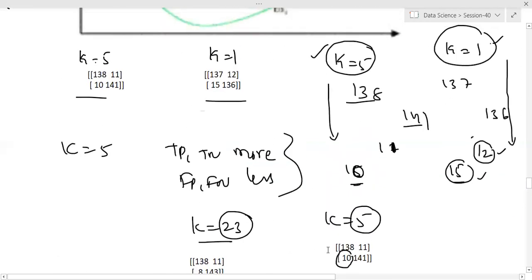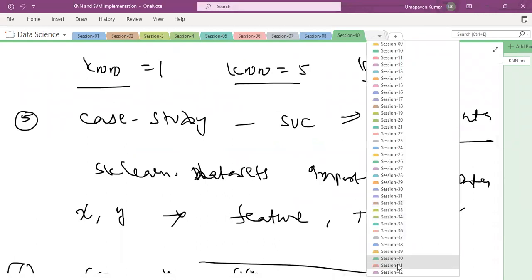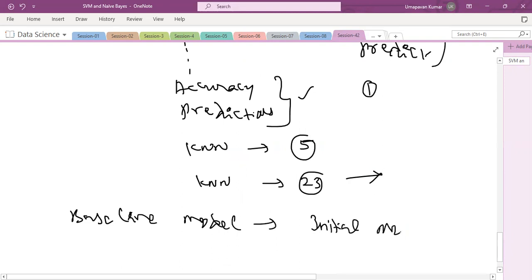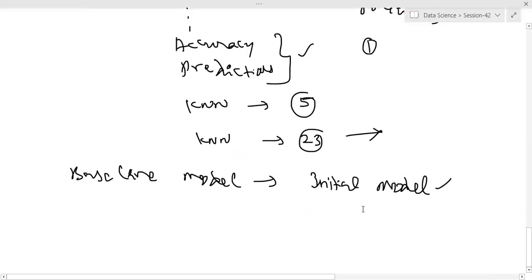Obviously, if k equal to 1, whatever model I have given is nothing but the baseline model. This baseline model is the initial model, and it does not have any hyperparameter tuning.